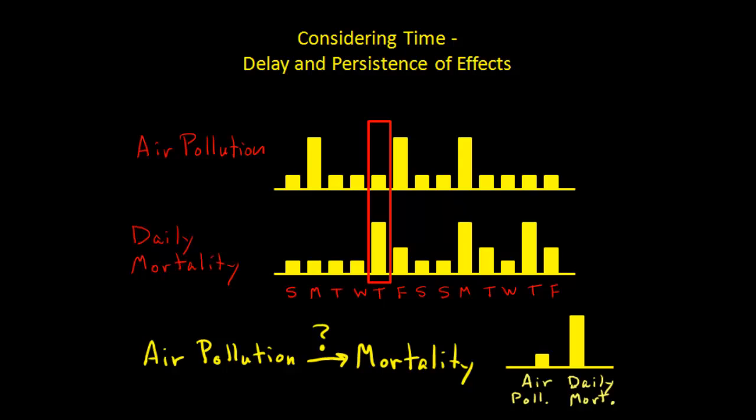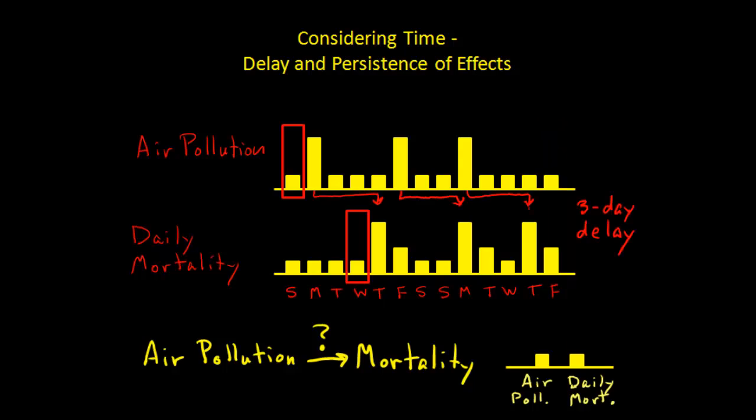So it seems on some days the variables are moving together, and on other days the variables are moving against each other. So there's no clear pattern in the data here. So if we were to look at the data in this way, we would conclude that there is no evidence of a causal association between air pollution levels and the rate of daily mortality.